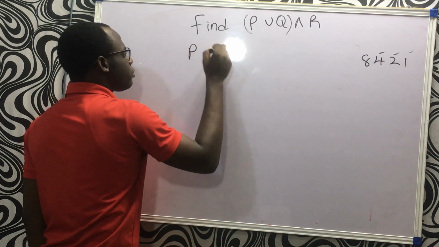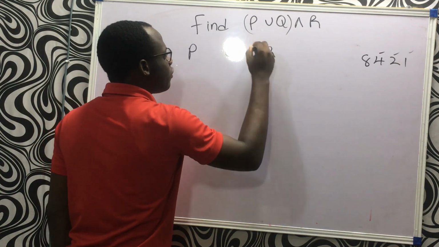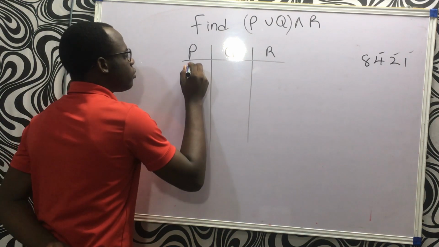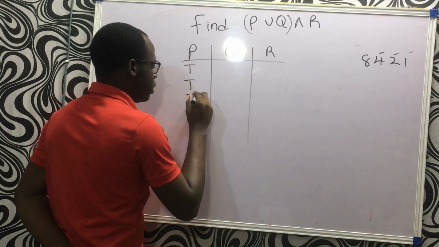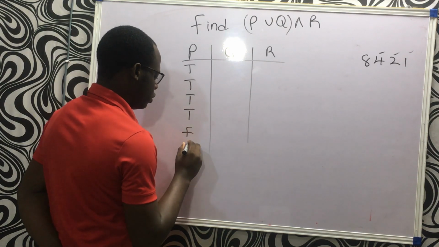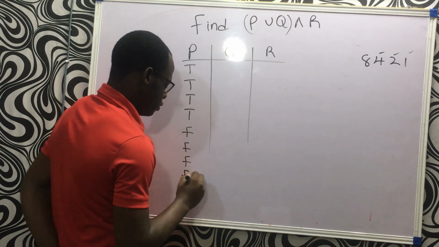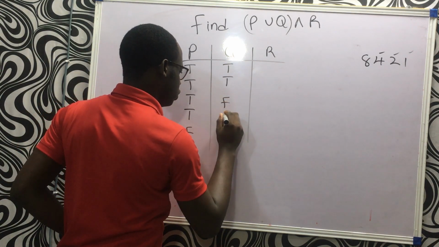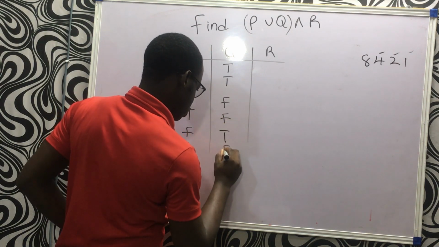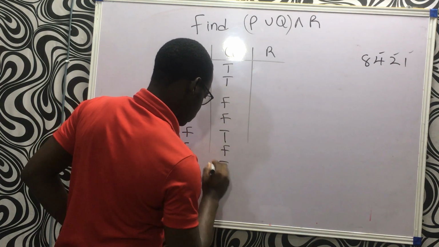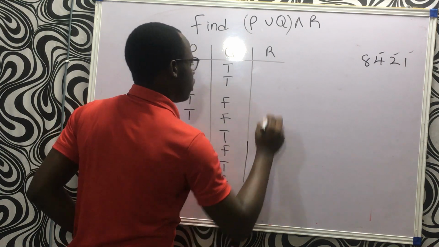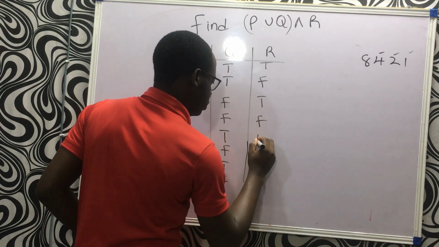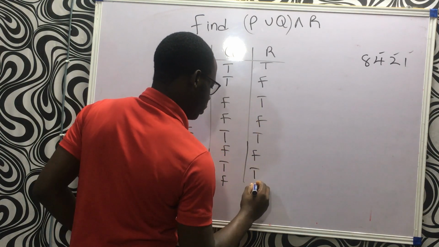We have P, we have Q, and we have R. And remember, we are starting with T. 1, 2, 3, 4. Then 1, 2, 1, 2, 1, 2, 1, 2.